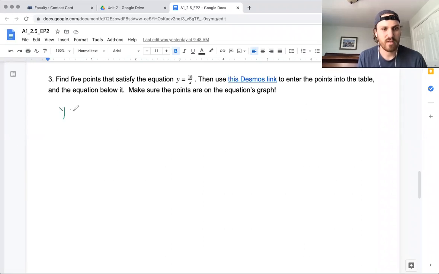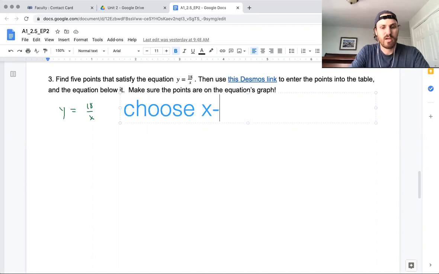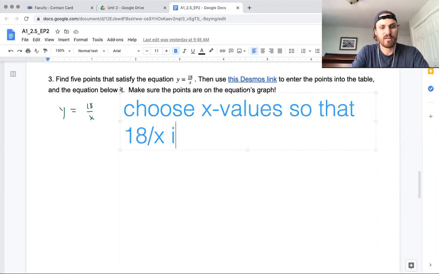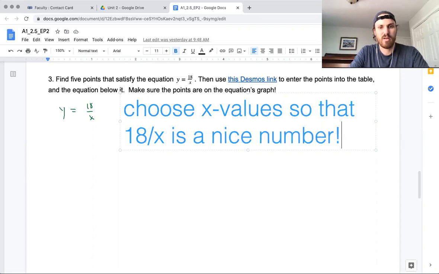Now, if my equation is y equals 18 over x, I am going to choose x values so that 18 divided by x is a nice number. I don't have to do that, but I want to because it just makes my life a little bit easier.